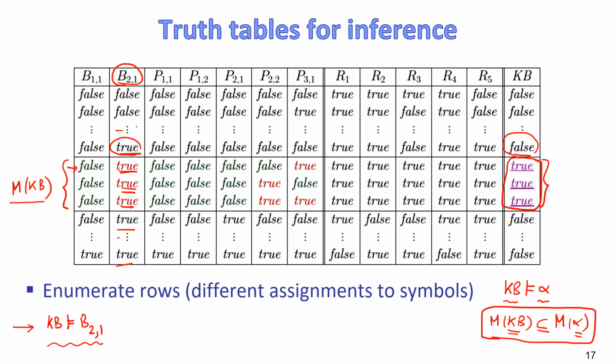We don't know. We don't see the dots, right? Can we say that the models of the knowledge base are a subset of the models of alpha, of B21? Yes. If that's the case, then this is true. Okay? Is it clear now, Abdurrahman?